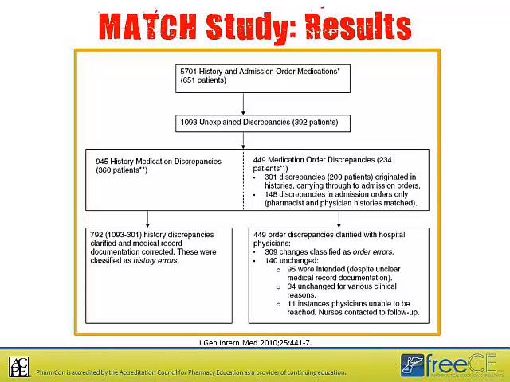So starting at the very top, there were almost 6,000 history and admission medication orders. And this accounted for about 650 patients.